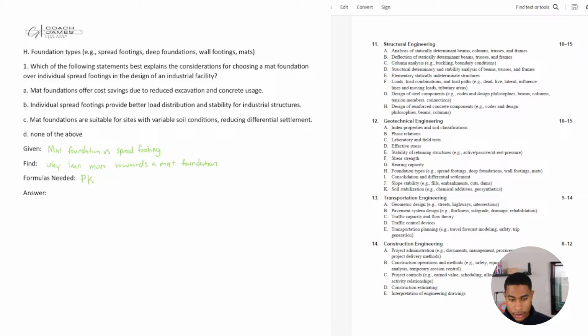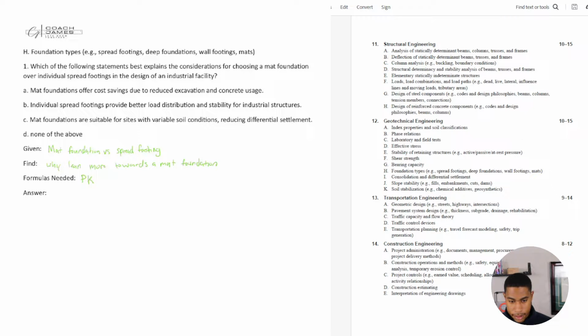This is advantageous in situations where the soil bearing capacity is variable. So a mat foundation is going to be able to distribute those loads evenly across the whole area.